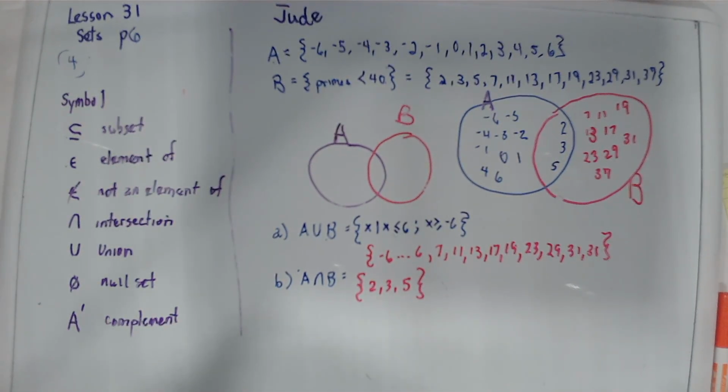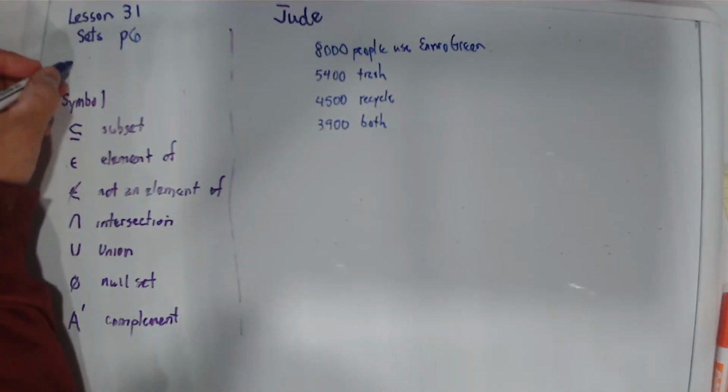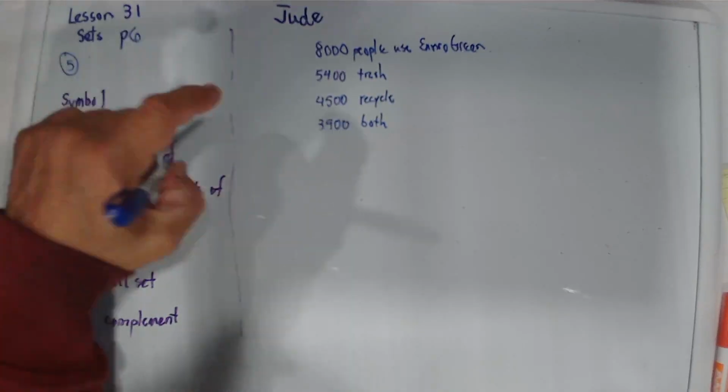So let's take a look at number 5. So we'll do that here in the next section. So, okay, this is still lesson 31. This is on page 6, number 5. Problem number 5.